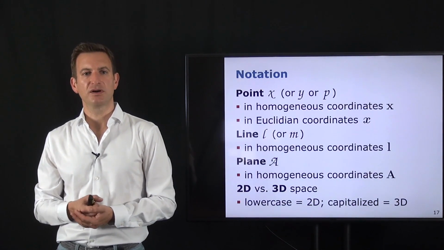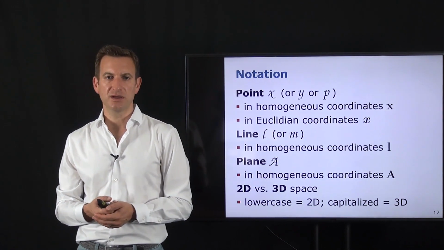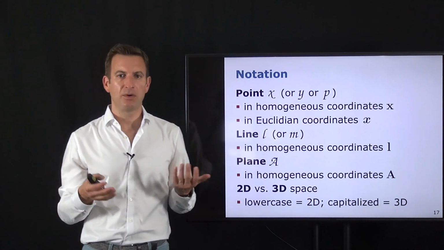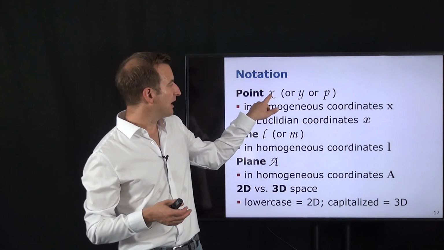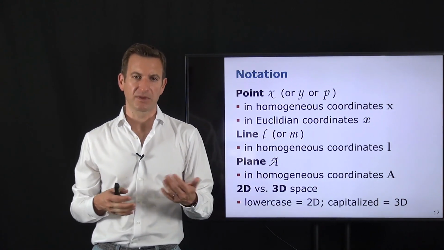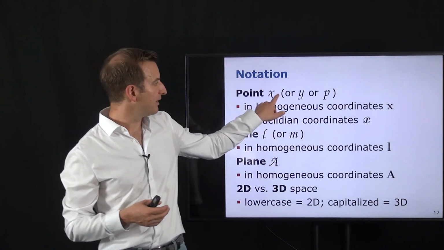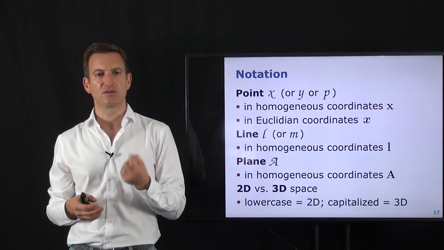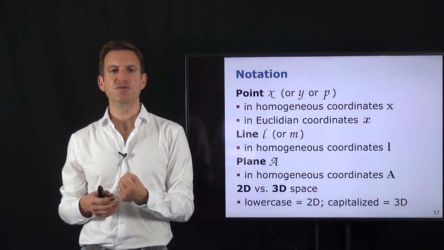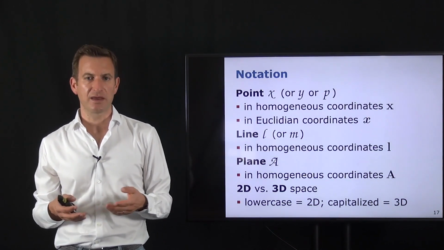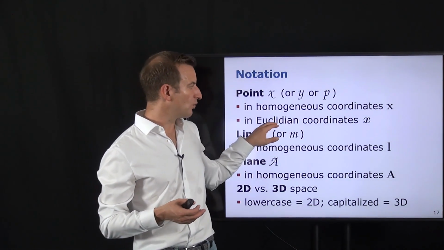So before we start, a few words about the notation. If we have geometric objects such as points, lines, or planes, they're typically described with these capital calligraphic fonts. So, for example, X, Y, or P typically represents a point and describes the geometric object point. And we can express this in different coordinates, either in homogeneous coordinates or in Euclidean coordinates.